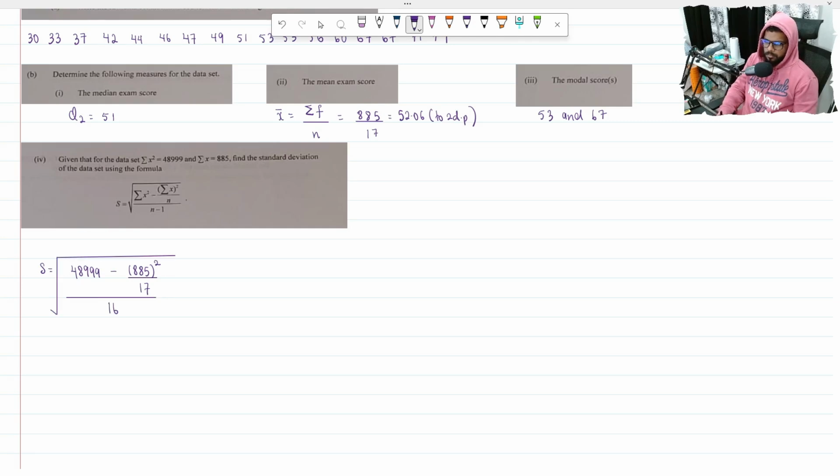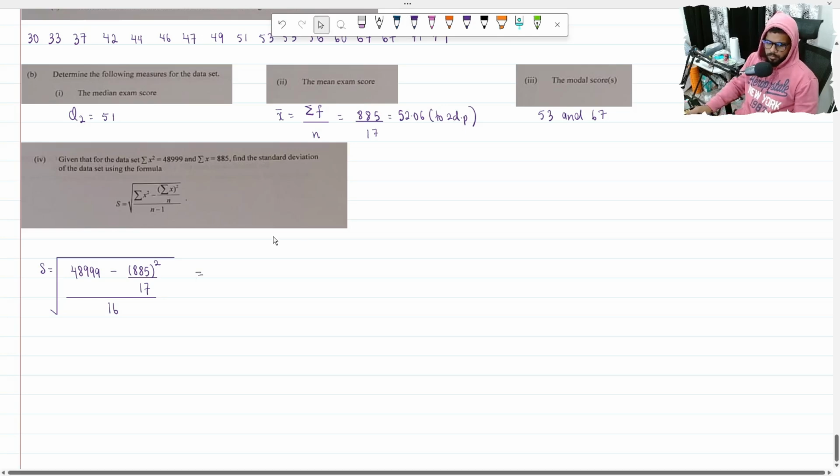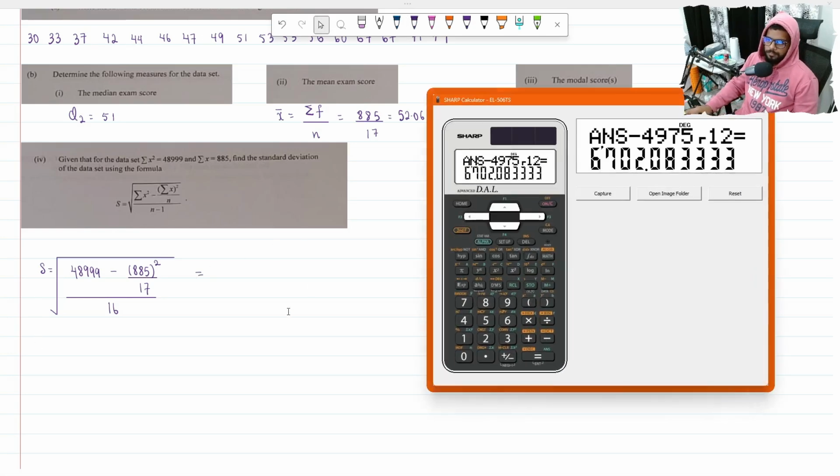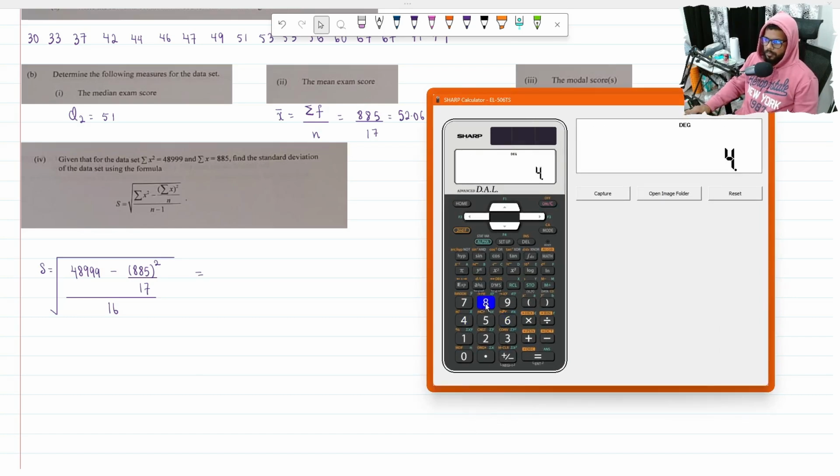It's not bad. We could plug this in the calculator, but I will be smart about it. Let me do it piece by piece: 48999 take away open bracket 885 squared over 17, divided by 16, raised to the power of a half.